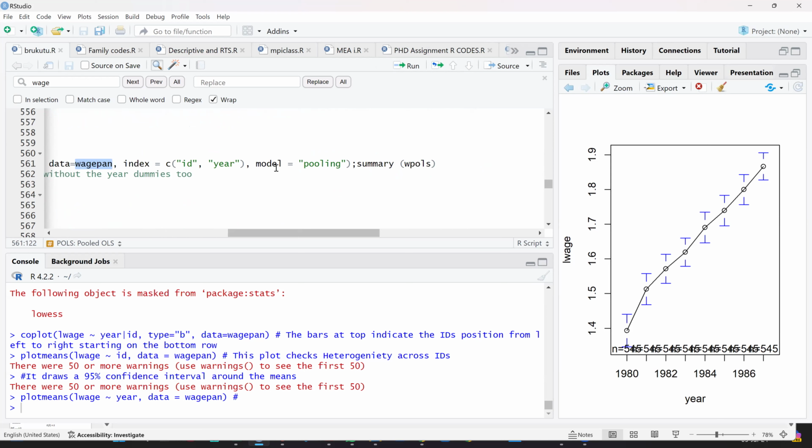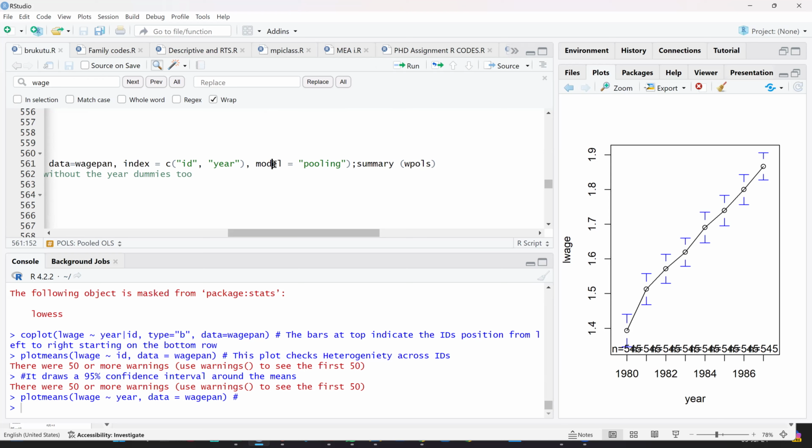And here is the most important one, the type of model. That is where you choose pooling. The pooling here means that you are using pooled OLS. So that is what you would change when you are now using other static panel models.